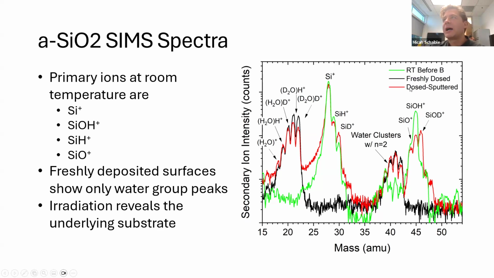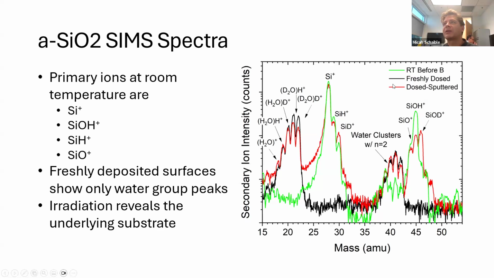Then after sputtering for a while, in the red curve, we see that we eventually reveal the substrate, and the substrate ions again grow to dominate the secondary ion spectra. Interestingly, when we irradiate the partially covered silicon substrate, which has been partially covered in these D2O molecules, we see changes in the secondary ion spectra compared to room temperature, where instead of being dominated solely by the hydrated species, we also see deuterated secondary ion species coming off.